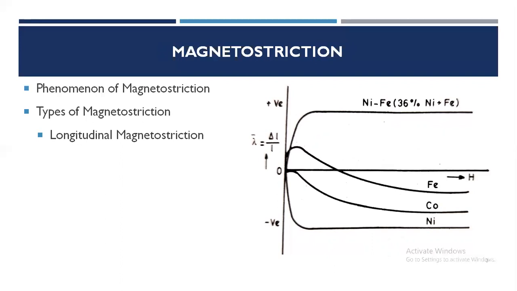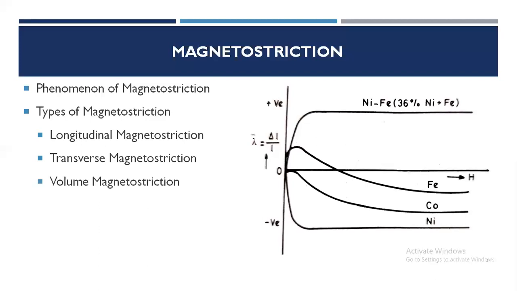That's why it is called longitudinal. Second, transverse magnetostriction. It is the change in dimension generally perpendicular to the magnetization direction. That's why it is called transverse magnetostriction.